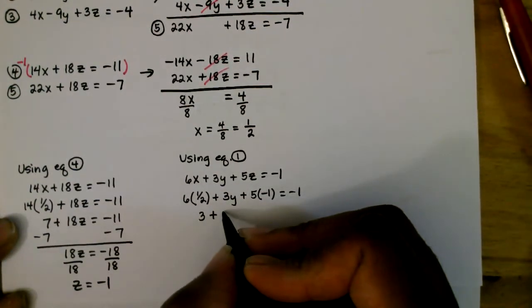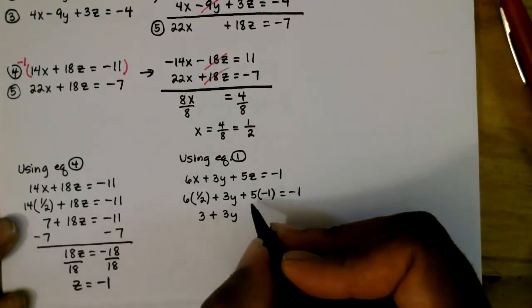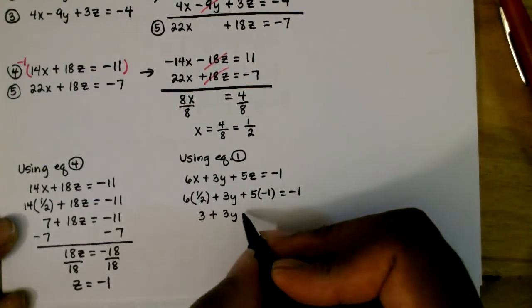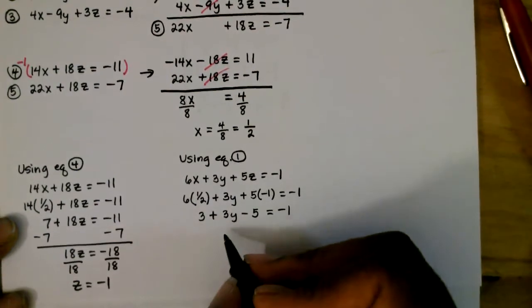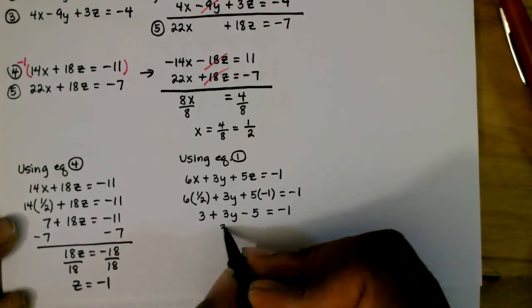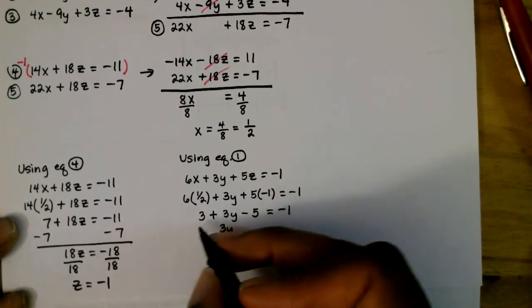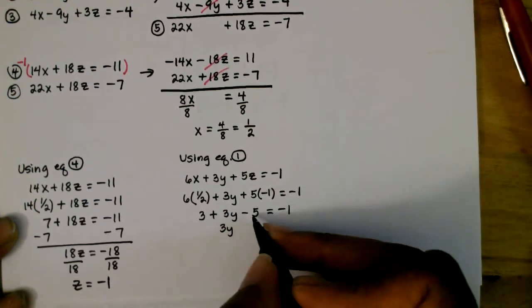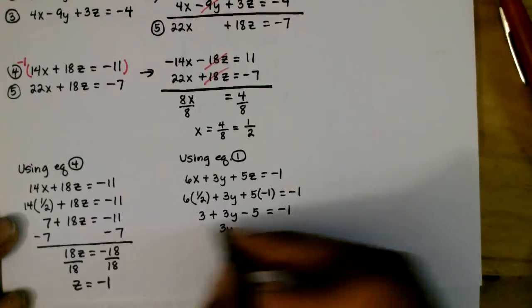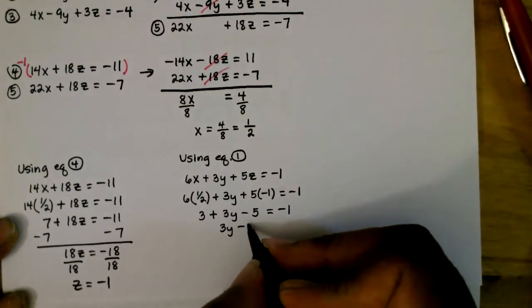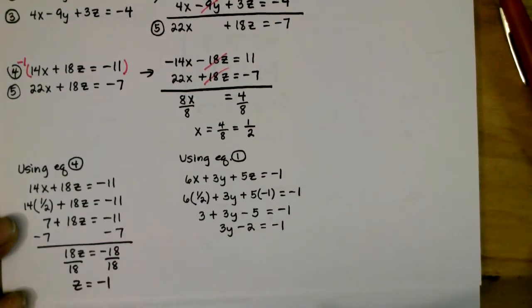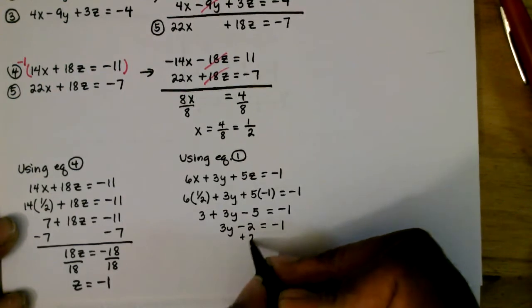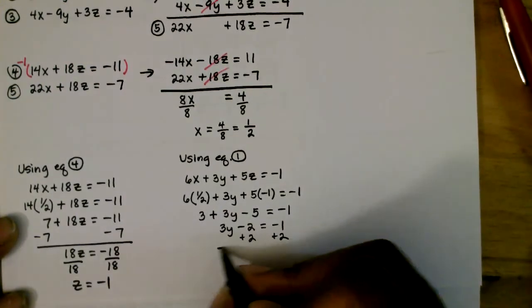Now, if I simplify that equation, 1/2 of 6 will be 3. So it'll be 3 plus 3y, and then plus 5 times that negative 1 would be minus 5. Now it'll be equal to negative 1. Now 3 minus 5 will be negative 2. So it'll be 3y minus 2 equaling negative 1. To get 3y by itself, I'll add 2 to both sides.